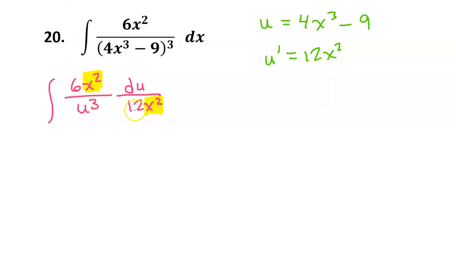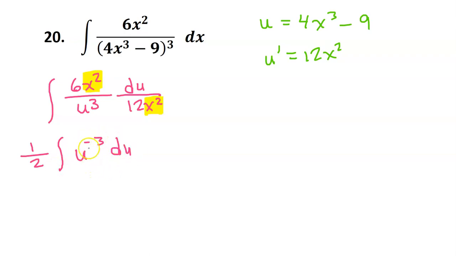We still have 6 over 12, which is 1/2, which we will put out in the front. So we have 1/2 times the integral of 1 over u to the third power. But to get ready for the power rule, let's go ahead and write this as u to the -3 power.